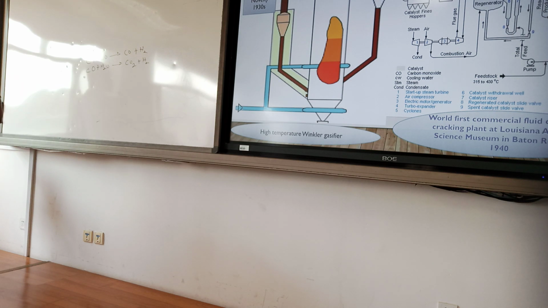Currently in China, we have a fluidized combustor with a capacity of about 650 megawatts.